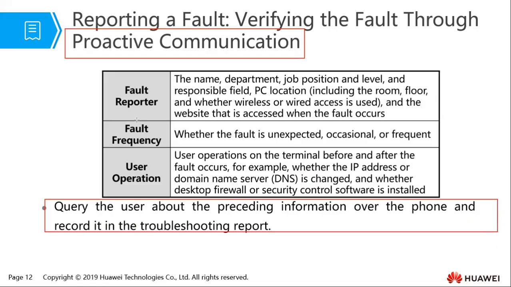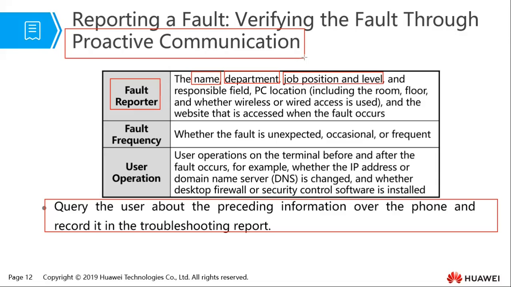troubleshooting report. Now, some of the details that you might need to collect, for example, is the fault reporter. So details you need to collect are the name of that person, the department, the job position and level. Very important. Now, for example, a user has reported that they are not able to access the finance server.